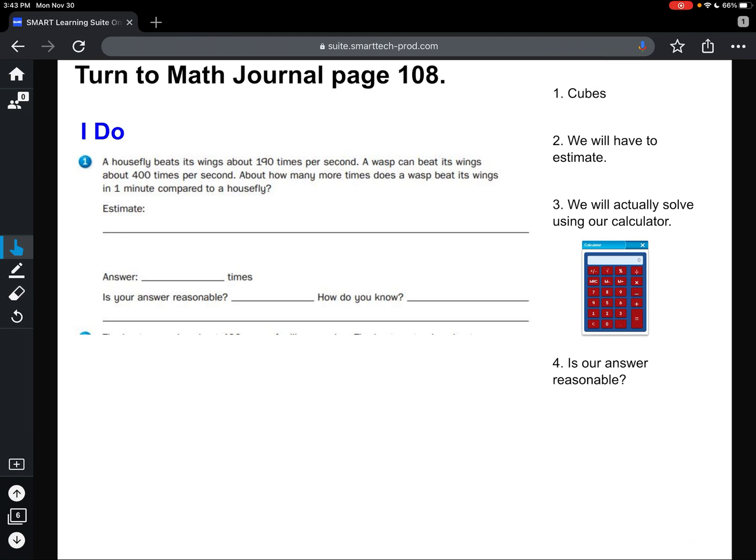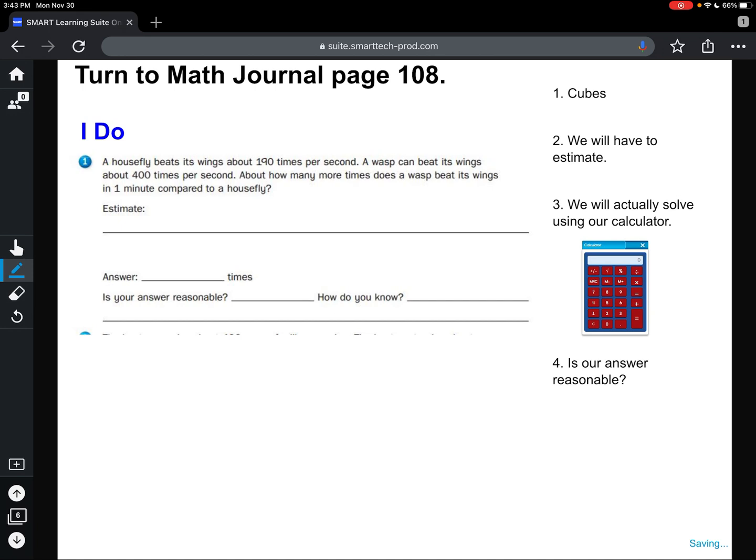I will model this problem for you, and when we're finished, you'll copy it into your journal. A housefly beats its wings about 190 times per second. A wasp can beat its wings about 400 times per second. About how many more times does a wasp beat its wings in 1 minute compared to a housefly?